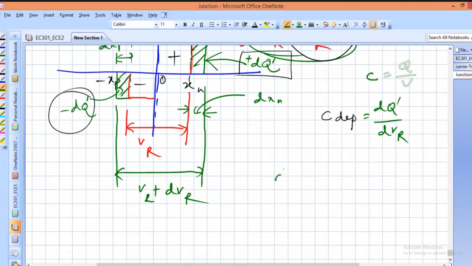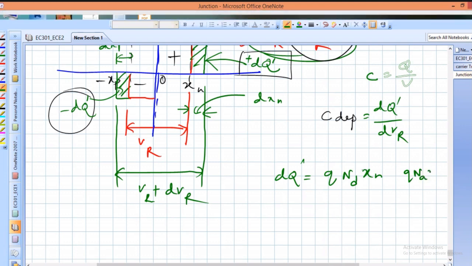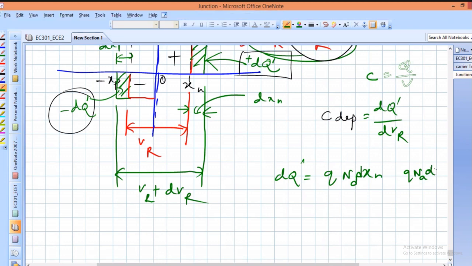So what is dq dash, students? Inside the junction, this is equal to q Nd dxn, and in the p side of the junction, it will be q Na dxp.